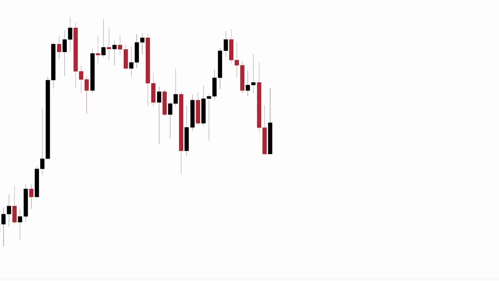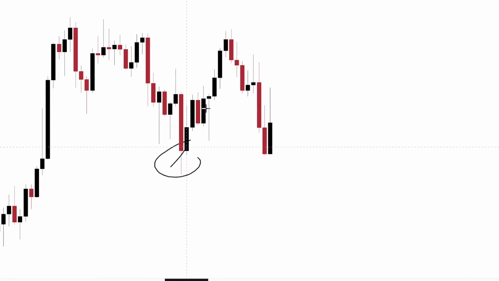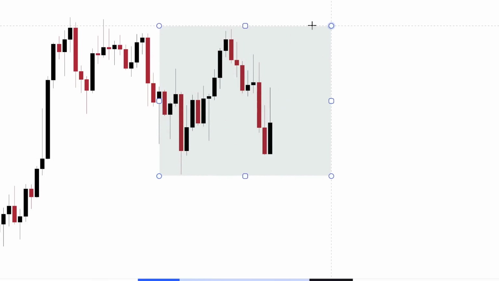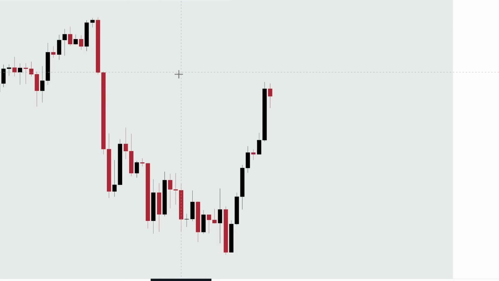So let's take a look at this swing. On a macro, all we see is a swing low and a swing high and a retracement back. So once we go on our micro, we'll see consecutive swings.